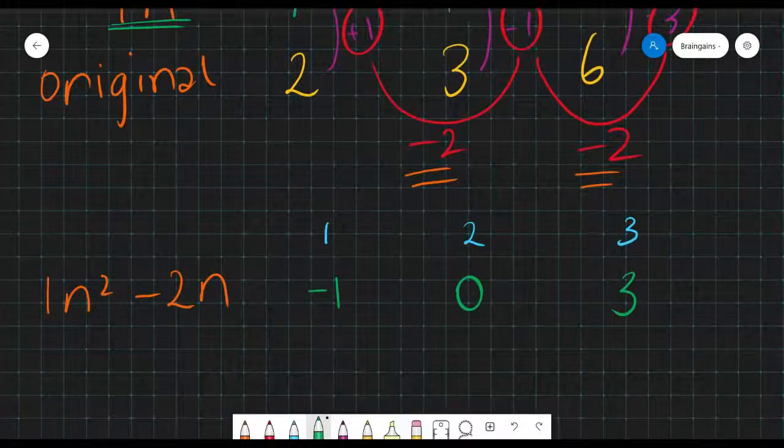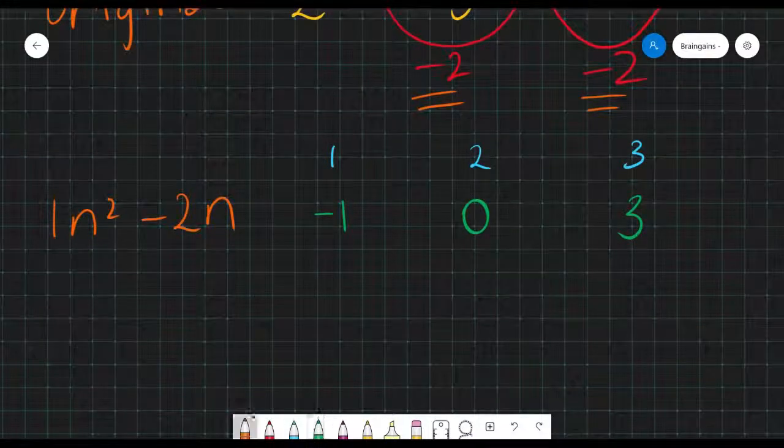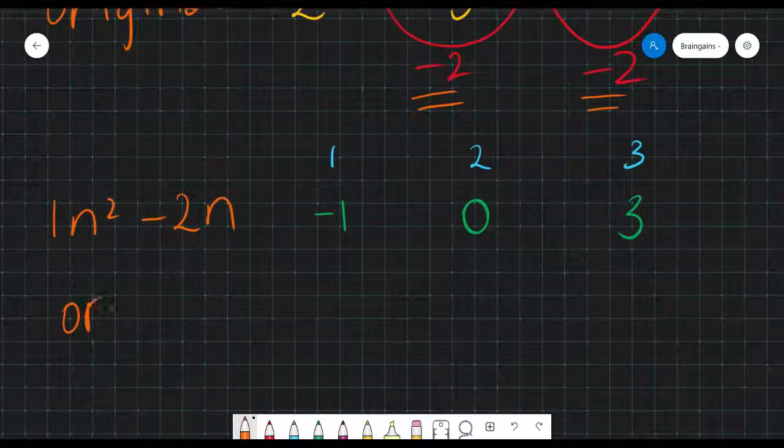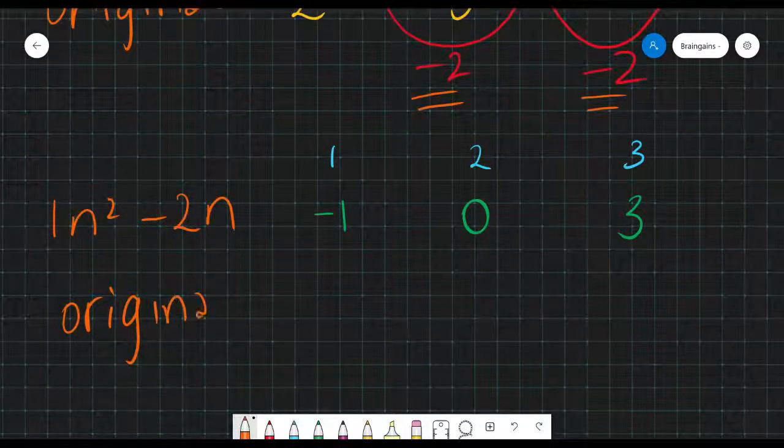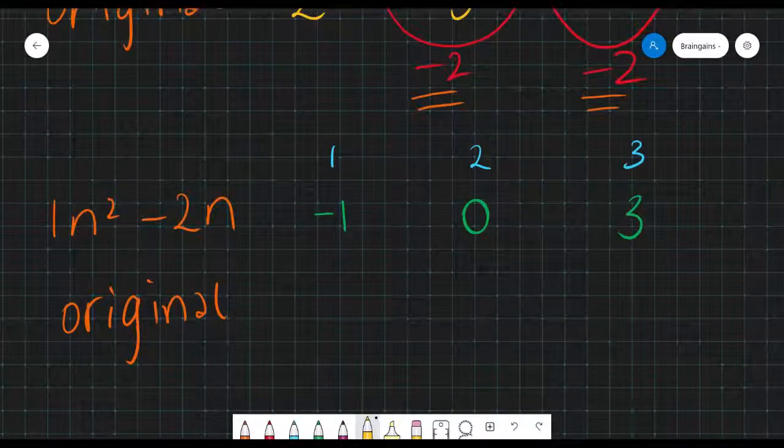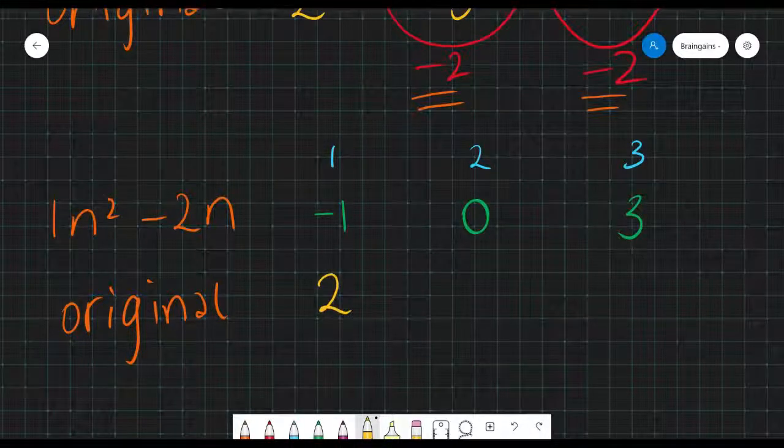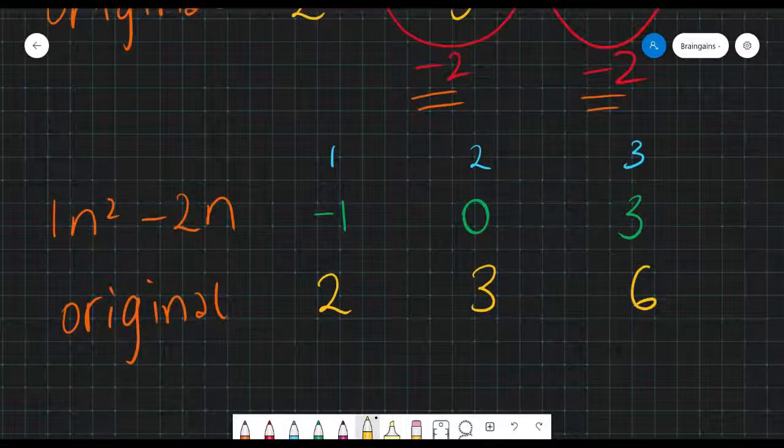Okay, and again, we compare this to our original. So our original sequence was 2, 3, and 6. These were the first three terms of our original. Now let's see if we can spot a pattern between the sequence 1n squared minus 2n and our original.